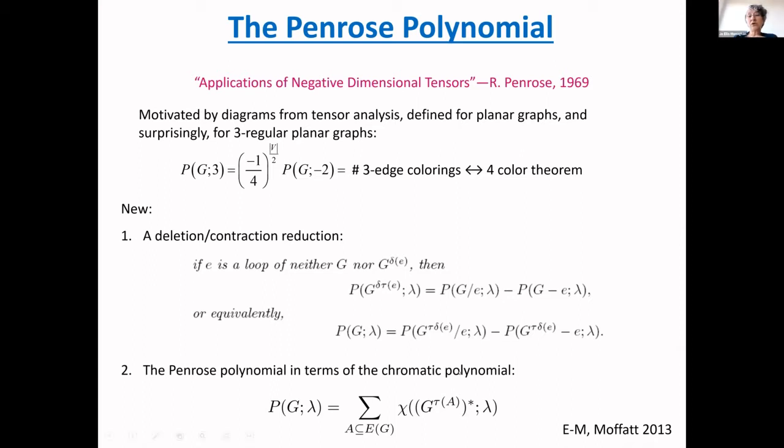And you can also see, which was again not apparent in the original formulation, why the Penrose polynomial might be encoding coloring information. So it gives a nice expression for the chromatic Penrose polynomial in terms of the chromatic polynomial. Okay, so that was very high level.